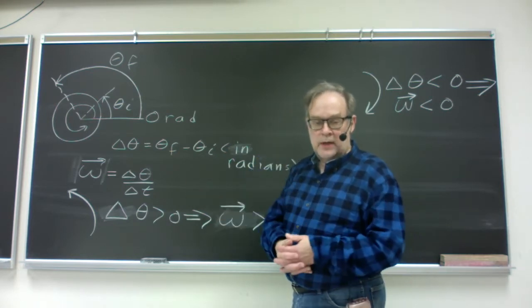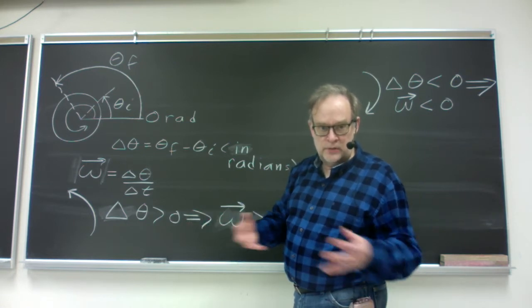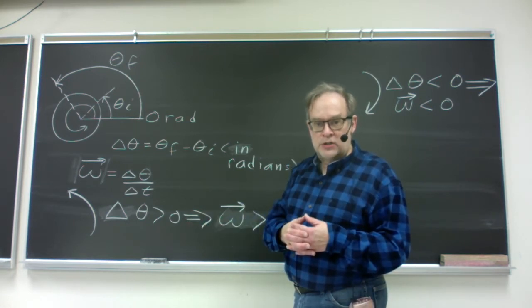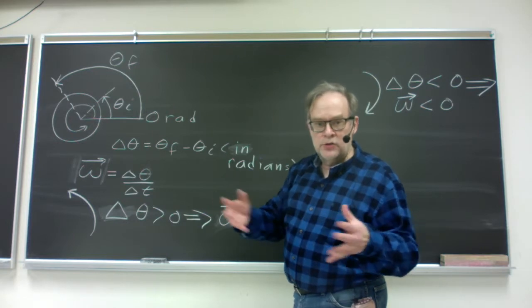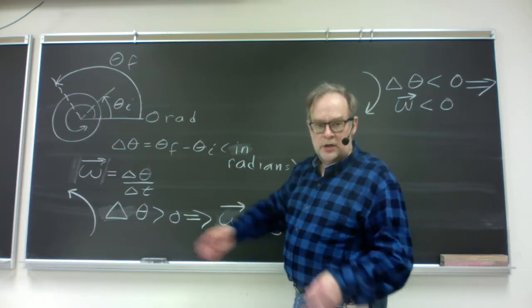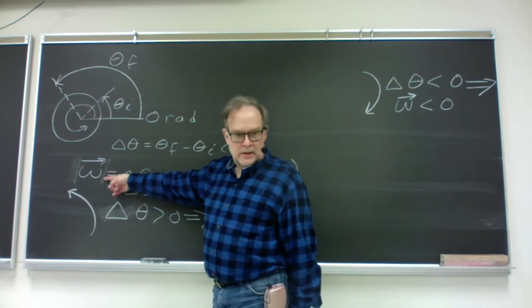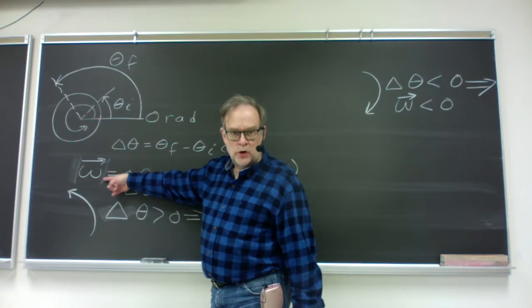And then we define the rate of change in angular location. And just as the rate of change in plain old meters type location is velocity, the rate of change in angular location is angular velocity. Don't call this a W, this is lowercase Greek letter omega.